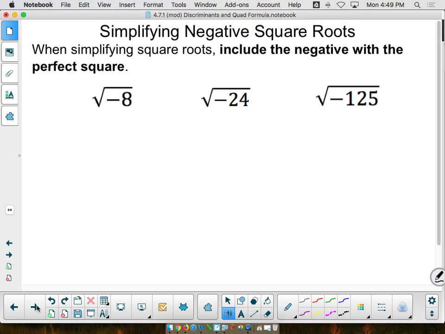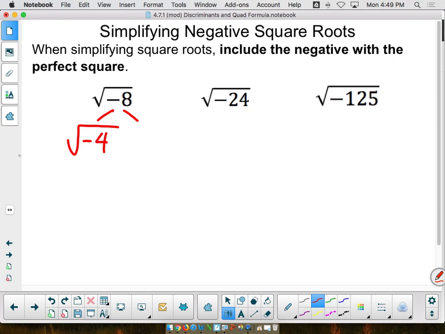So here's what this looks like. Same sort of thing. If you are simplifying a negative square root, we're going to look for a number that goes into, for instance, the square root of -8. I want a number that goes into 8 that I know the square root of. Since we know the square root of 4, we're going to break this up, but I'm going to include the negative sign with the 4.